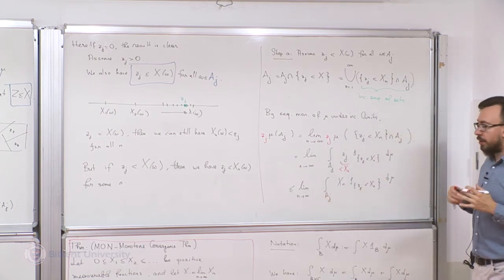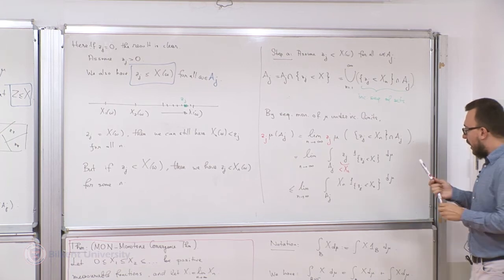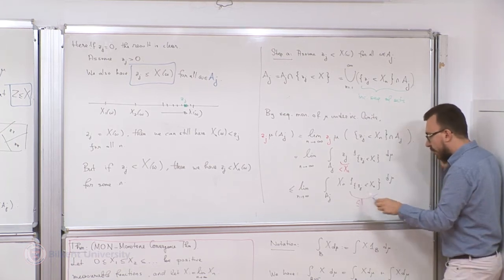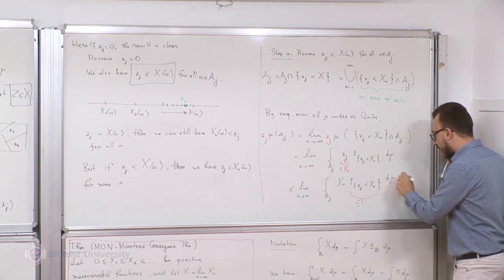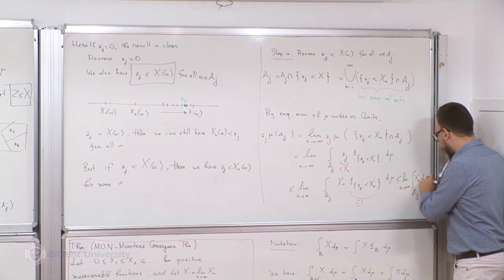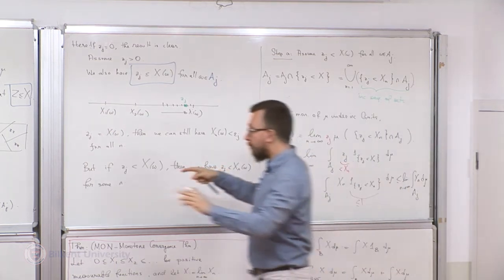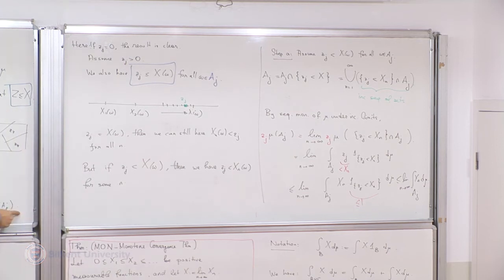Okay, monotonicity is still there. And this is just less than 1. So I can even bound them by just xn. Therefore, we're done with step A. We proved this for step A.